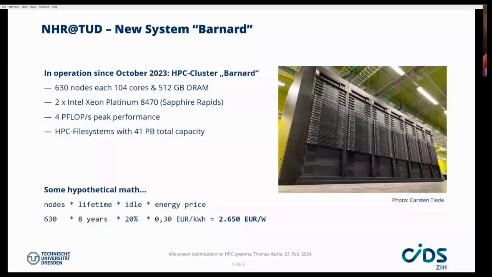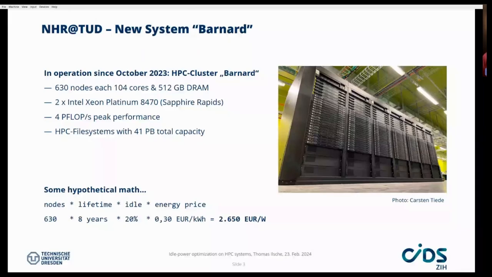We have 630 nodes here, and let's assume for now that the lifetime of the system will be 8 years. This seems like a stretch, but nowadays we've seen more and more systems running longer than expected, so 8 years is not totally unrealistic. And now I'm using a hypothetical idle number of 20%. You can replace it with any other number if you have a better one, and an energy price of 30 cents per kilowatt hour, which is also very fluctuating right now.